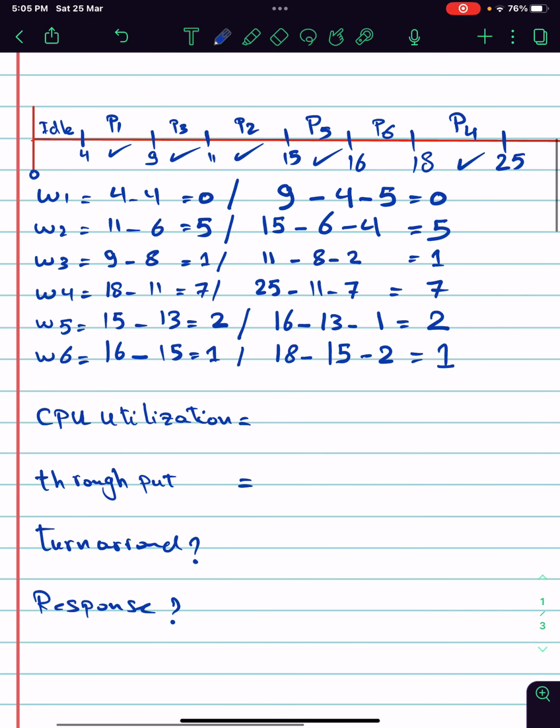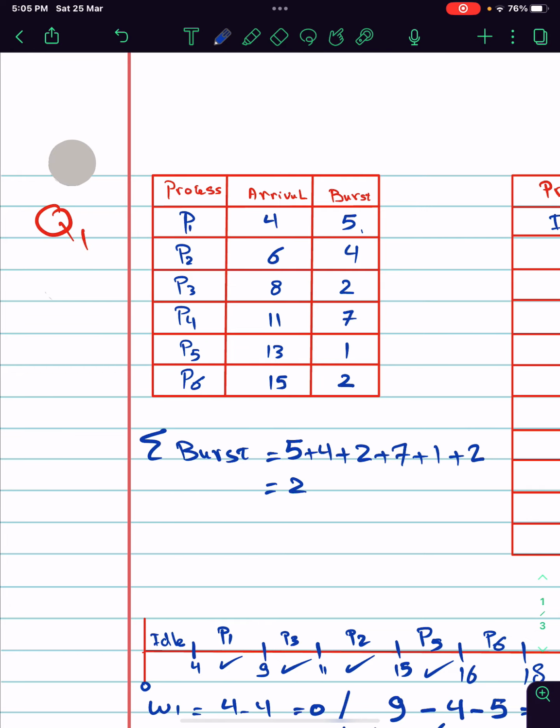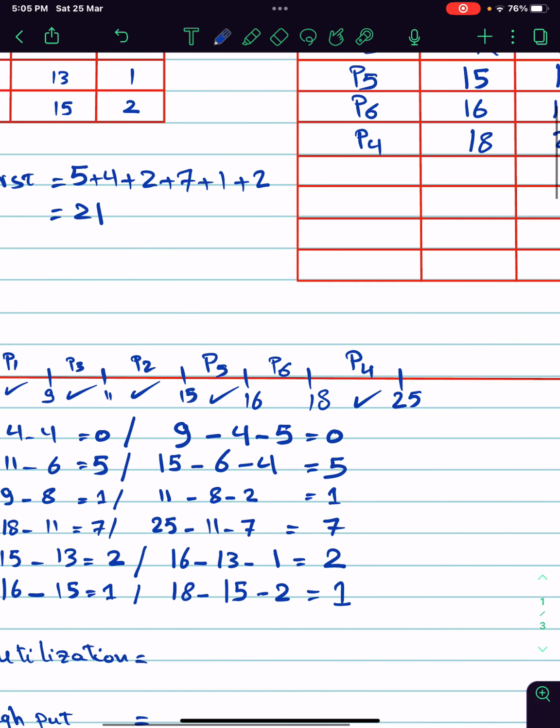Now how about the CPU utilization? Let's get sigma the burst. Sigma burst is going to be 5 plus 4 plus 2 plus 7 plus 1 plus 2. So here's a 10, 19, 21. That's the burst, 21.